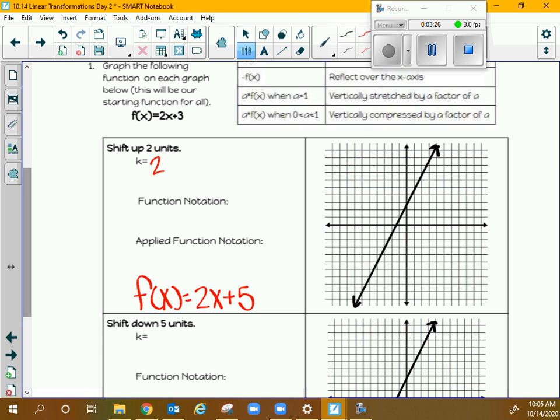The important part is writing the rule. What we did was we took f of x and added 2. So this is my function notation rule. On a quiz or a test, if I said write the rule for shifting up 2 units, that would be your answer: f of x plus 2.